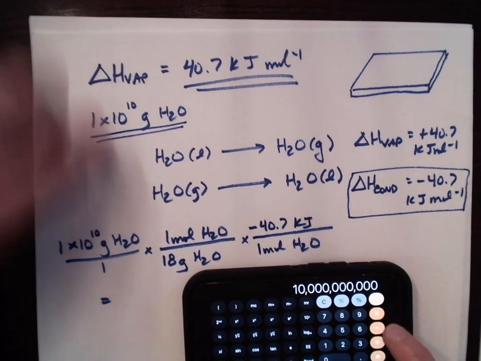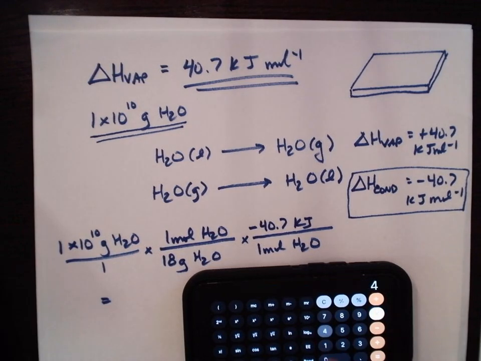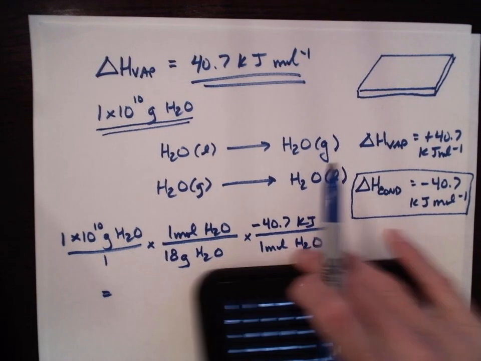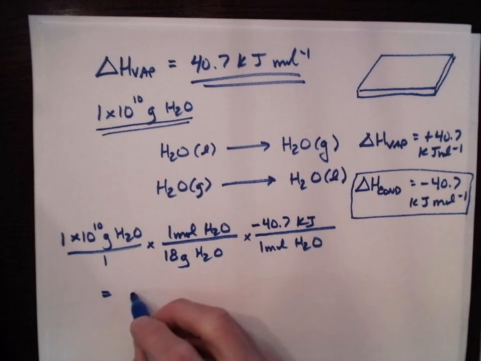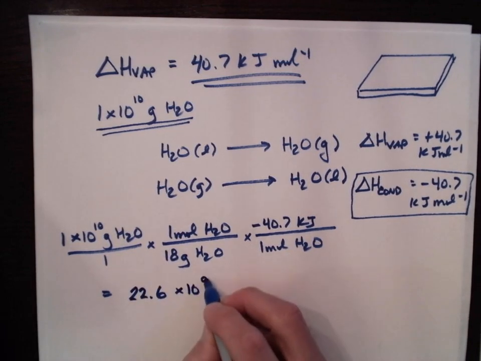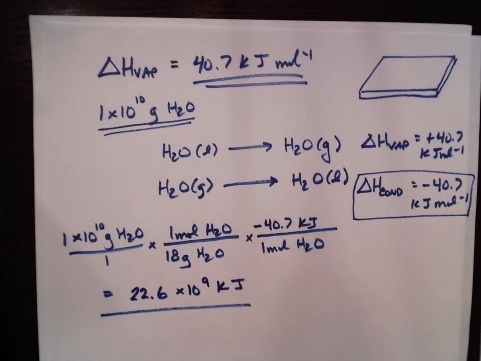We're going to divide that by 18, and we're going to multiply that by 40.7. Well, that's a lot of energy. 1, 2, 3, 4, 5, 6, 7, 8, 9. So it's going to be 22.6 times 10 to the 9th kilojoules of energy that's going to need to be released.